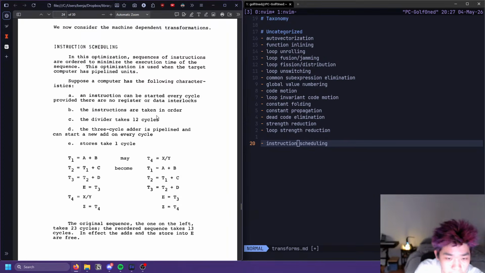So then the divider takes 12 cycles, recycle outer is pipeline, and start a new add on every cycle. Okay, that makes sense.